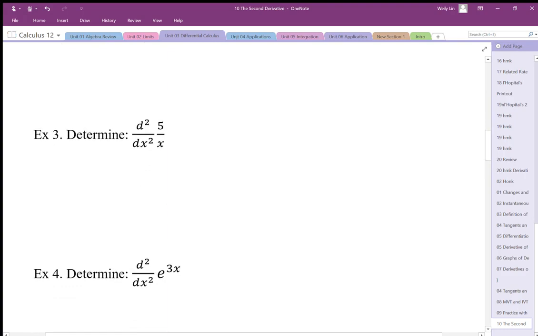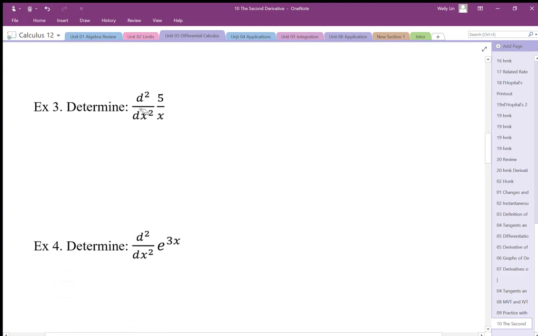So let's practice applying this. So this is the second change of the 5 over x function. So again, I have to find the first change. Okay, so the first change is going to be y prime. So the derivative of this function using the power rule is going to be negative 5 over x squared.